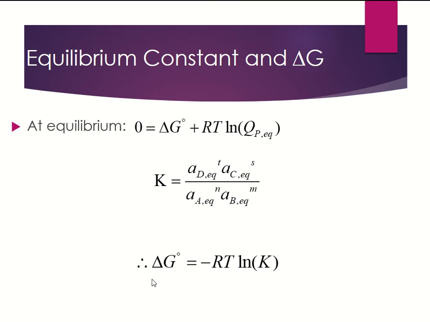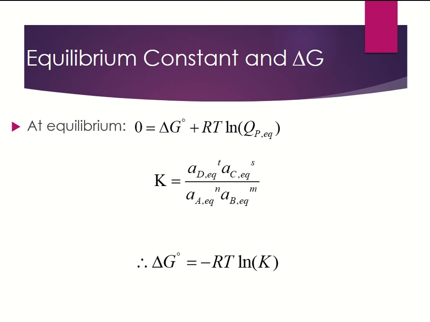All right. Now I do want to emphasize something here, and that is that the delta G naught represents the equilibrium constant, so we can calculate that. If we have a situation where the equilibrium constant is less than 1, we'll note that delta G naught will be positive. If we have a situation where the equilibrium constant is greater than 1, we will note that delta G naught is negative.